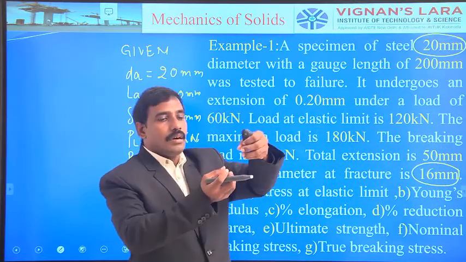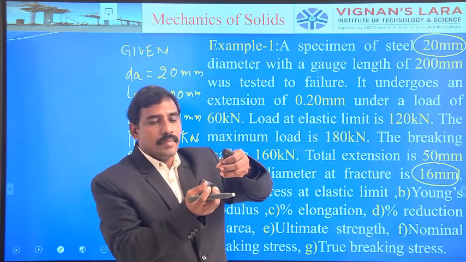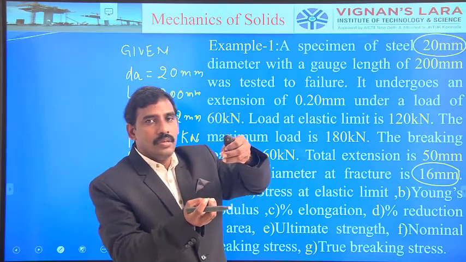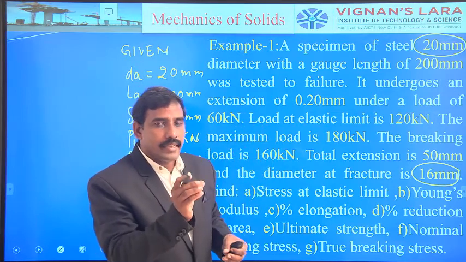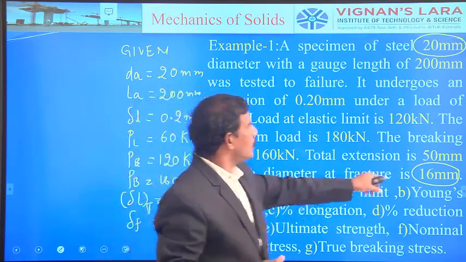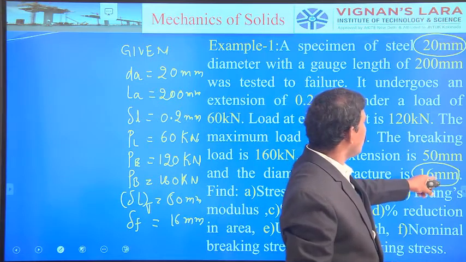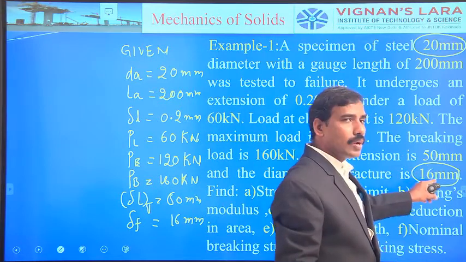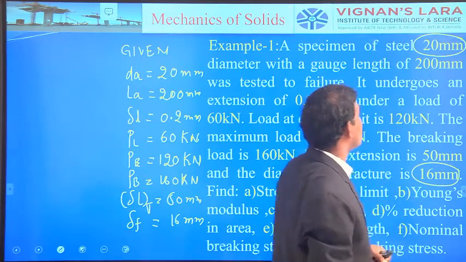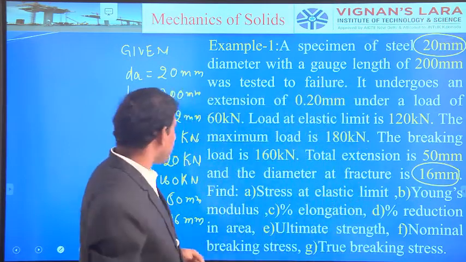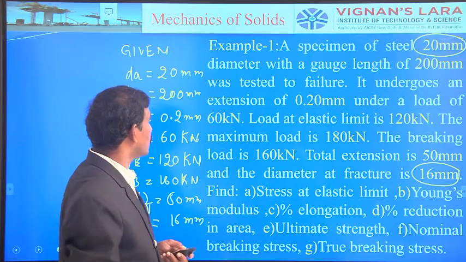Whenever a material is subjected to a load, there is a deformation, and its diameter is decreased. That's why the diameter of the material under the action of the load is reduced to 16 mm, the diameter at fracture.